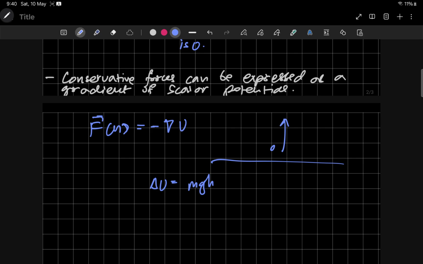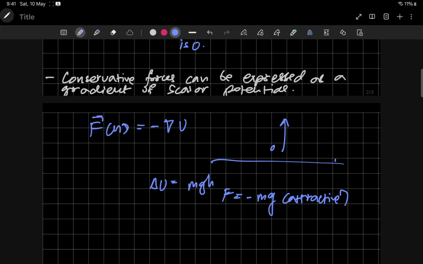So your force obviously is going to be mg, but your force is acting against gravity. It is always going to be acting against gravity, and it's also attractive, because once you drop the ball, it's going to come down, right? So this negative sign comes from the fact that the forces act opposite to the direction of increase in potential energy.